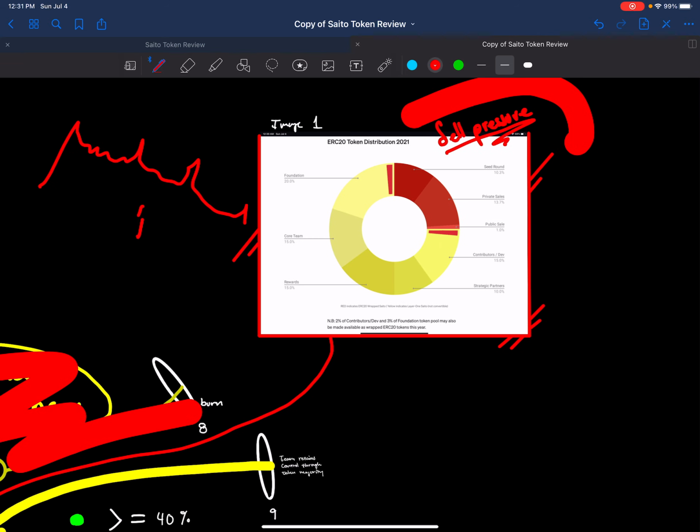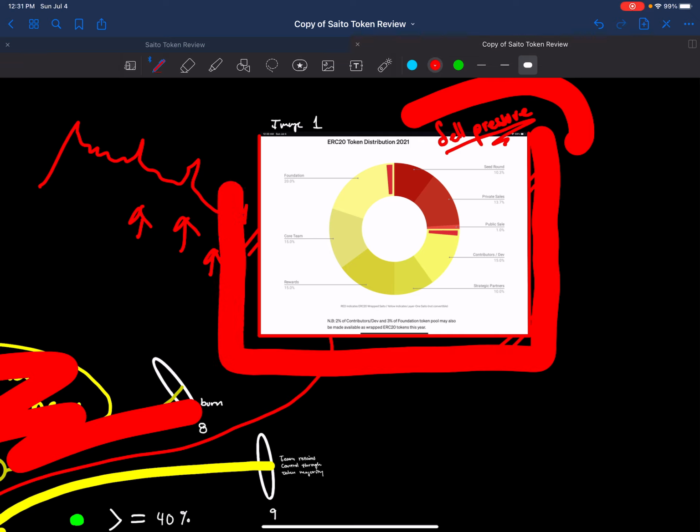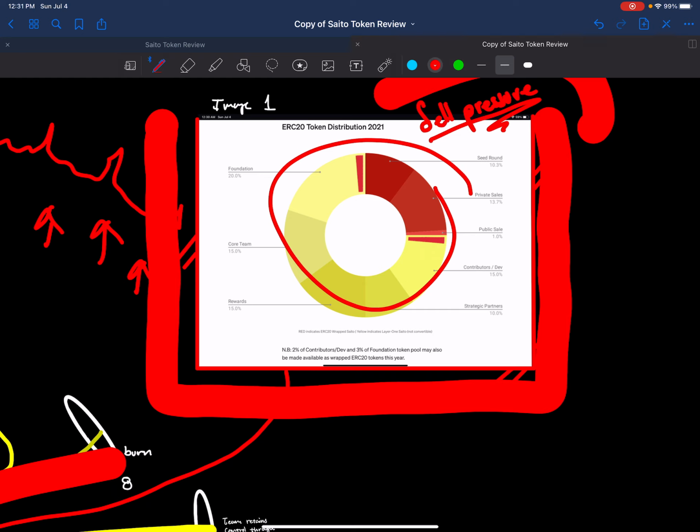So dollar cost average, but the reason it's floating down is because the token distribution is pretty bad. But that's because it's in the early stages, and it is a lower market cap. So keep that in mind. You might get better prices if you dollar cost average into this thing over time while it's floating down. That's probably the best approach for accumulating this project, because they are trying to release the tokens to all these different actors to build a community.